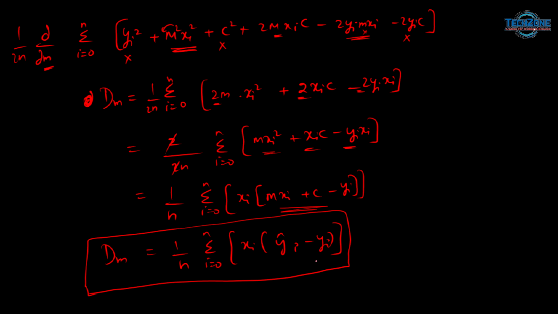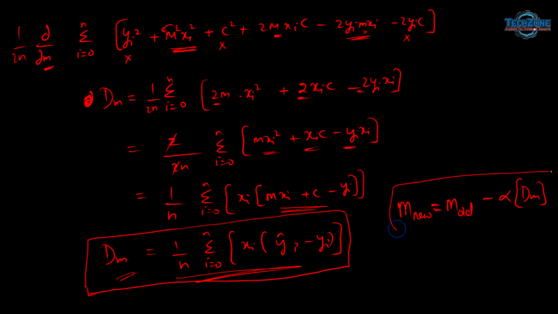We'll find this value because we need a new m, right? New slope should be equal to old slope minus the learning rate and this dm, right? This is how gradient descent will work.